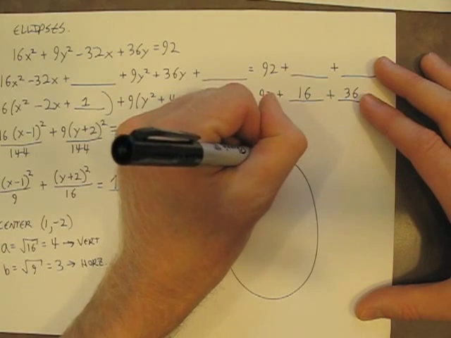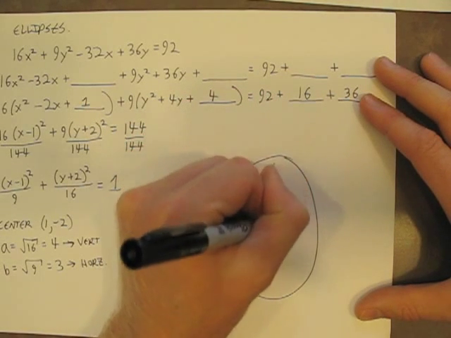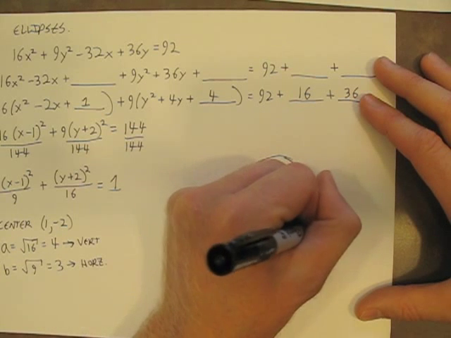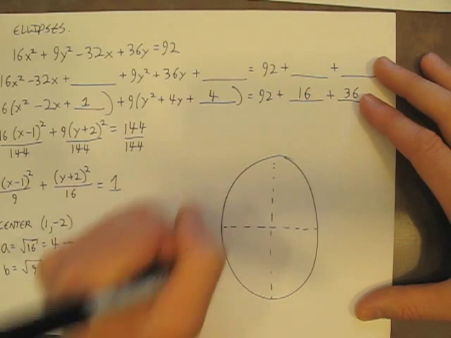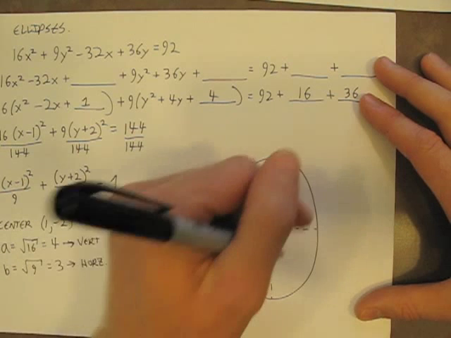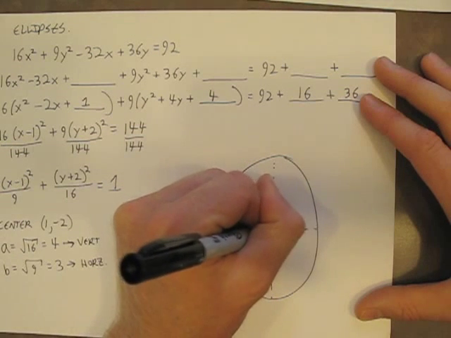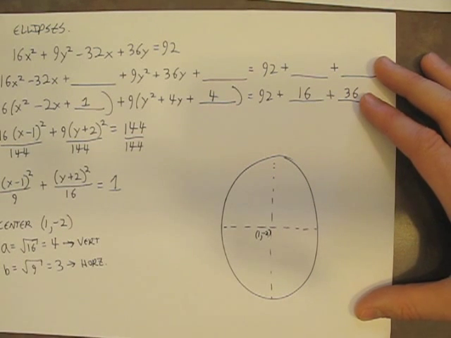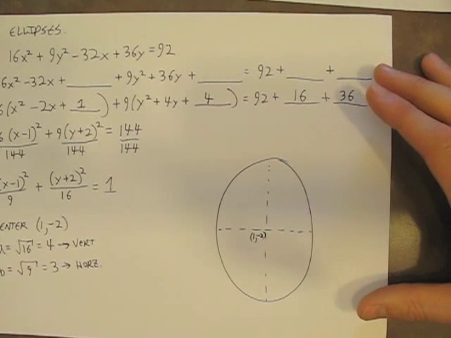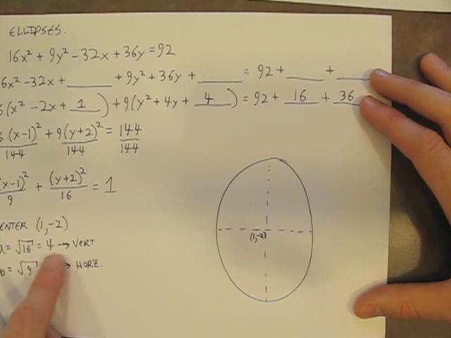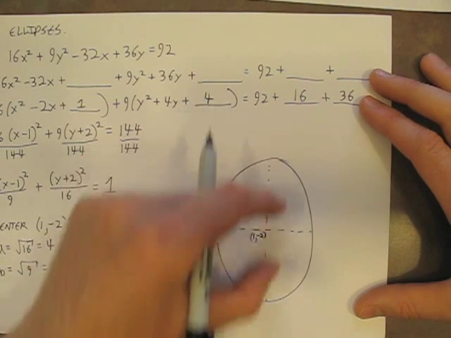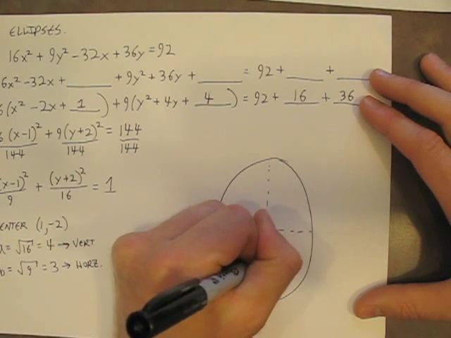Now, that's going to have a center of 1, -2, and it's got a semi-major axis of 4. So this distance is going to be 4, that distance is going to be 4.